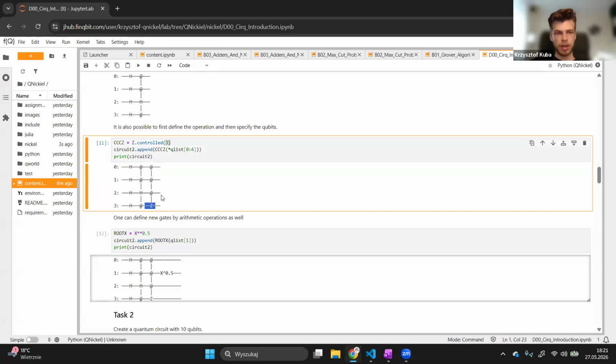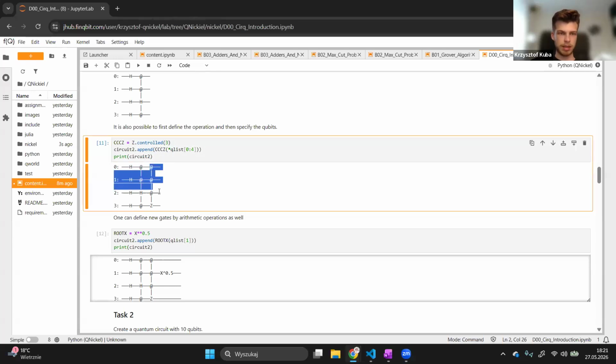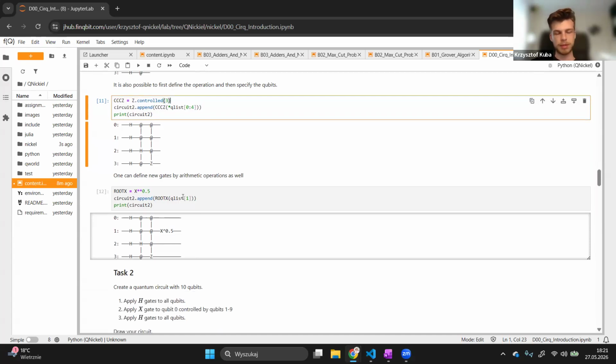So here, the controlled Z's controlling qubits, 0, 1, 2, and 3. But since 3 is the controlled, it just skips.